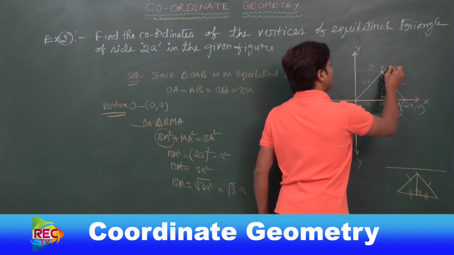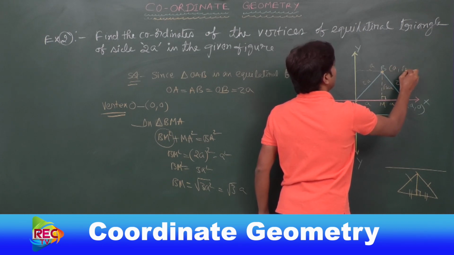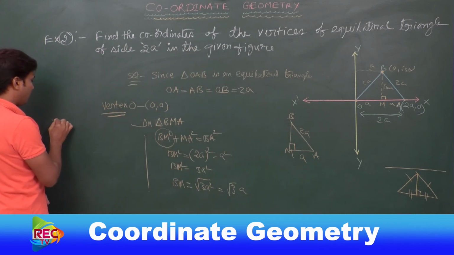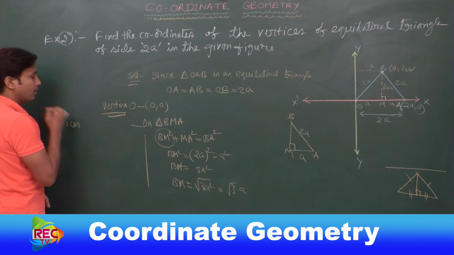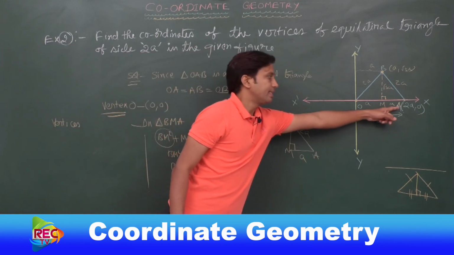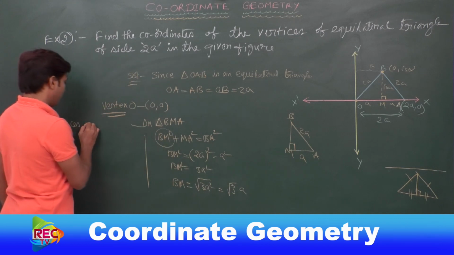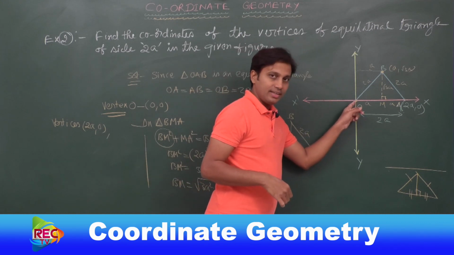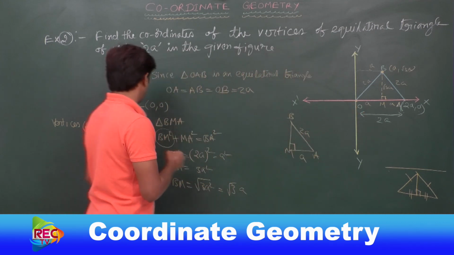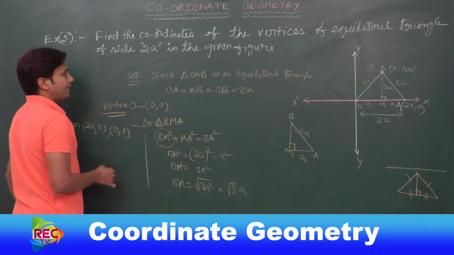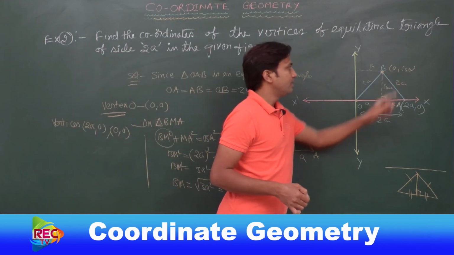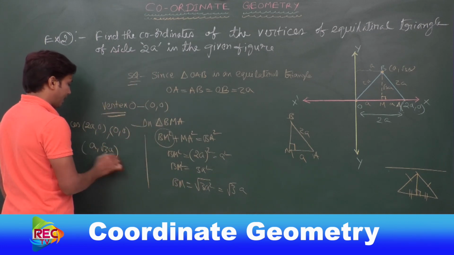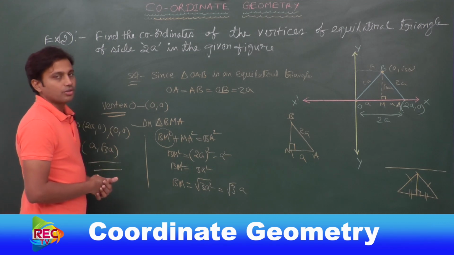So we can write this point as a comma root 3 a. Therefore, all the vertices are: already 2a and 0 is given, another coordinate is the origin, 0 0, and the third coordinate, which we just found, is a comma root 3 a.